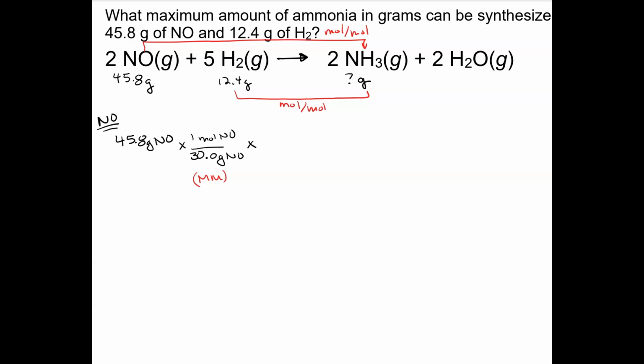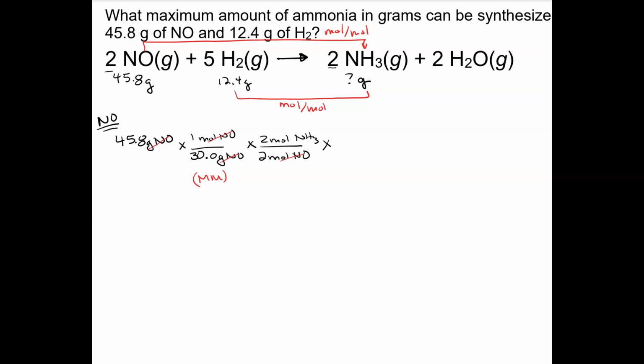I need to get from moles of NO to moles of ammonia. And in order to do that, I have to use a mole-to-mole or stoichiometric ratio. And those come from the coefficients in our balanced chemical equation. I want to get rid of NO and I want to keep ammonia. So I'm going to put 2 moles of NO in the denominator and 2 moles of ammonia in the numerator. So at this point, I have eliminated grams of NO, moles of NO, and I have moles of ammonia.